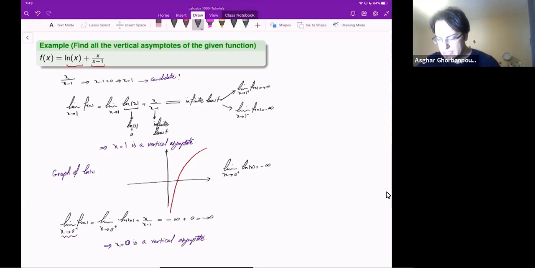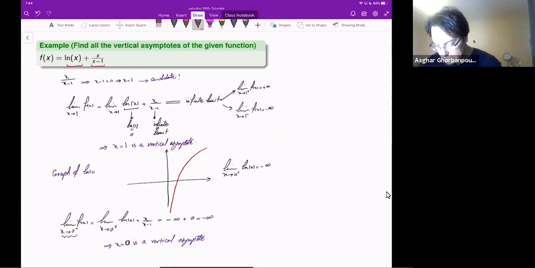Yes, so this is based on the fact that ln x has a vertical asymptote. I know that ln x itself has a vertical asymptote at 0. This is something you have to keep in mind based on the graph of the function. There are ways to show it, but this is what you need to keep in mind.